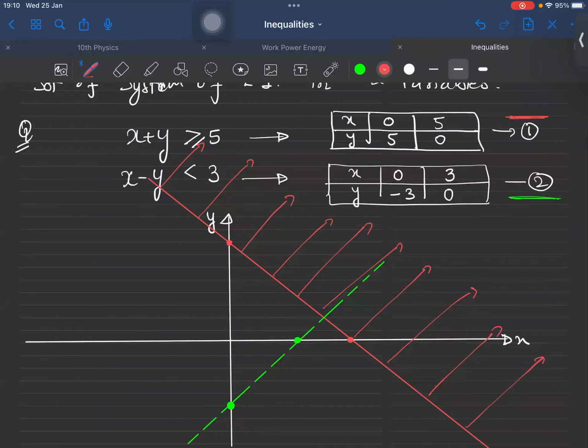The second one says that x minus y should be less than 3. So which region are we going to take? Which region is less than 3? So it is to the left side, right? Understood? So it is to the left side. Where is that? This side.